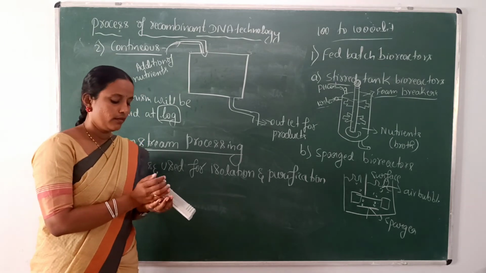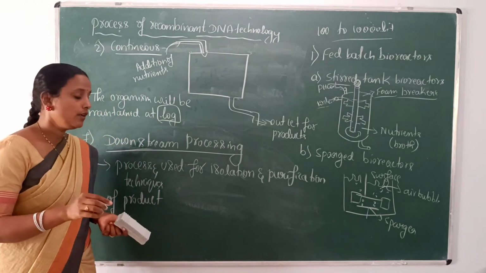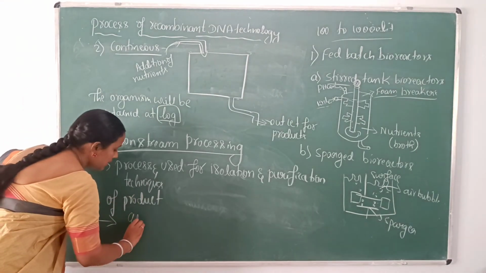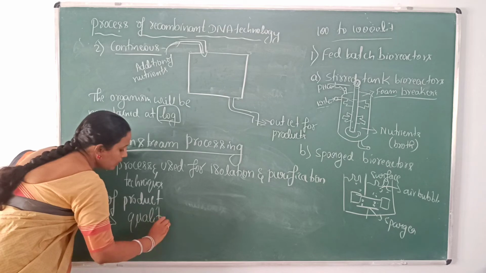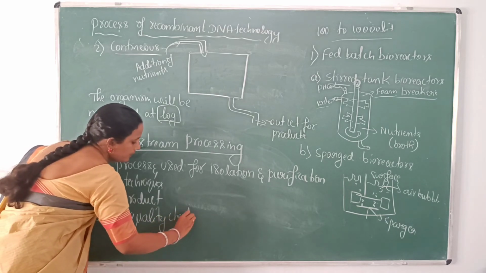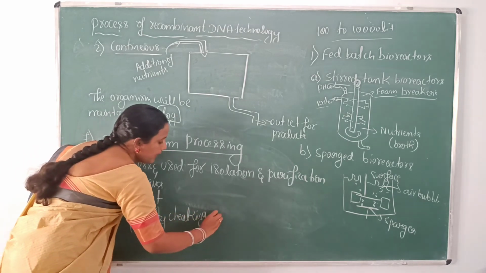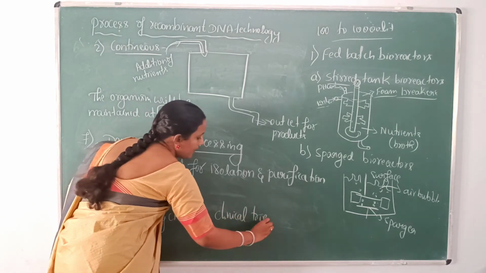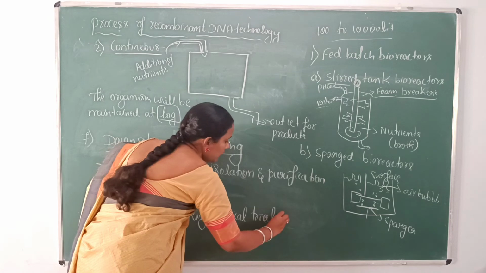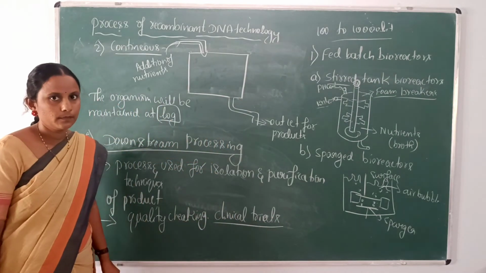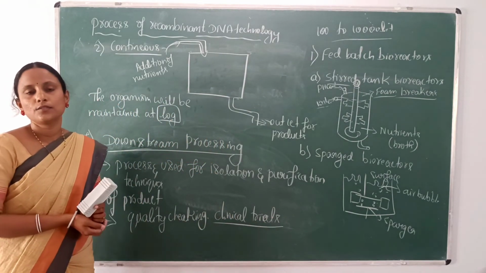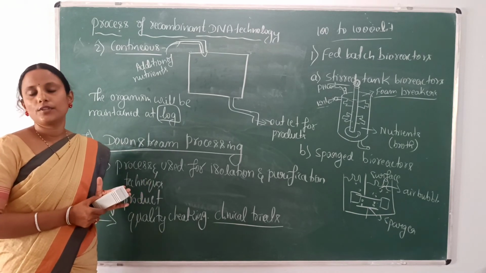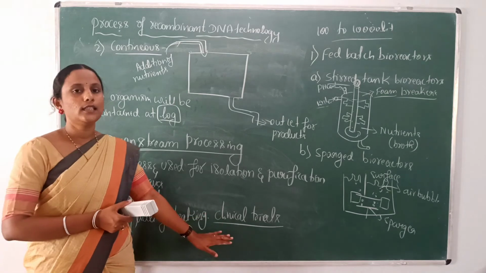After isolation and purification, next it will be sent for quality checking and clinical trials. Clinical trials are required in case of drugs, that is medicines, for example, in case of insulin or any other drugs for that matter, there is a clinical trials.